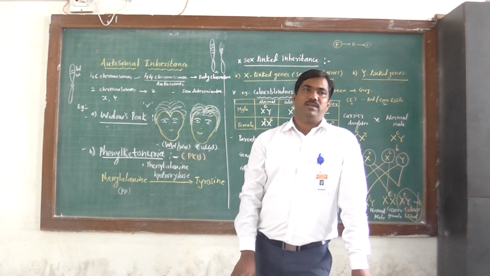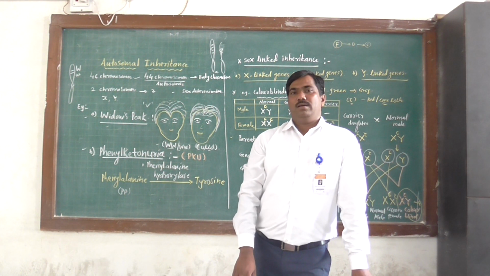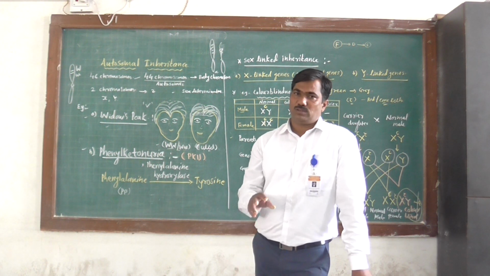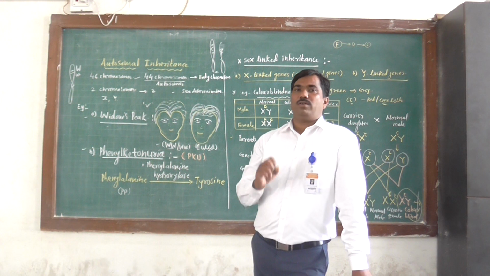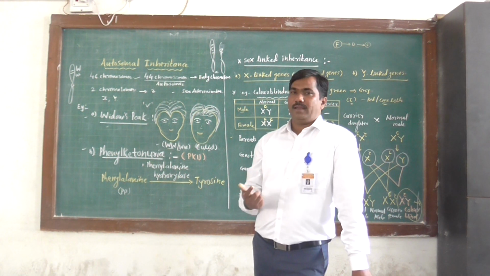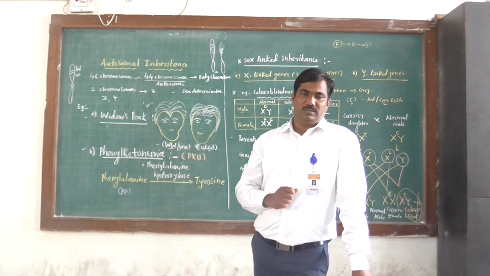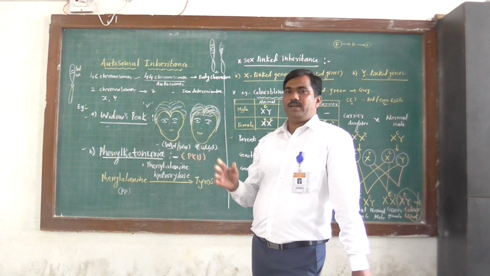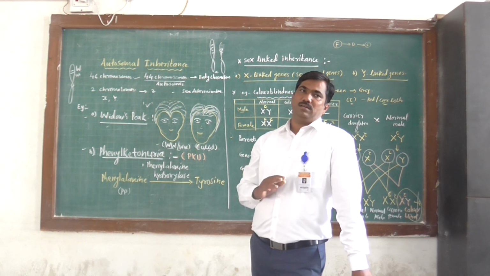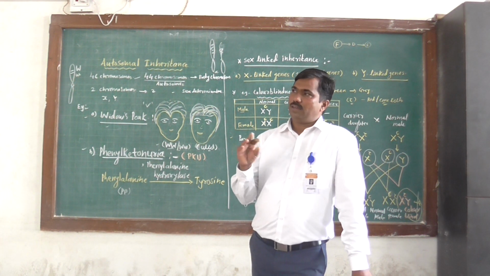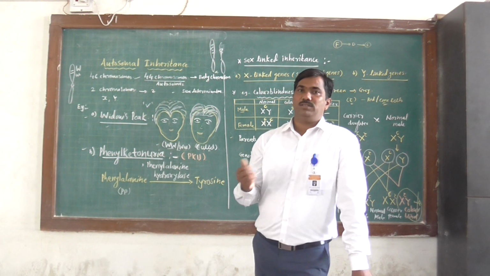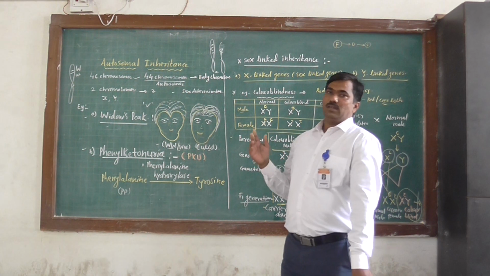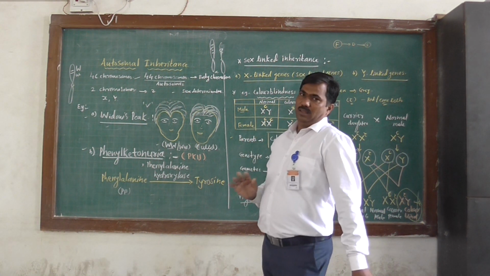Due to the recessive X-linked gene in hemophilia, blood clotting factors 8 and 9 are not synthesized, and due to even a little damage to the individual, it causes bleeding, with blood flowing continuously. Therefore, hemophilia is known as a bleeder disease, and it also shows this type of inheritance.